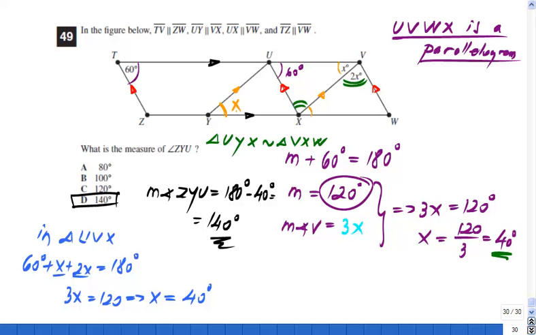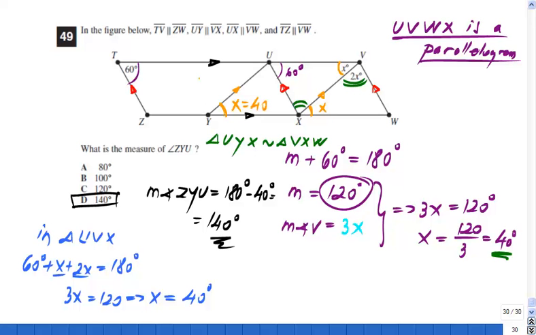I know the orange one here is x, right? Because UY parallel to VX makes this angle congruent to that angle because they're cut by this transversal ZW. But here we know that TV and ZW are parallel. You have the transversal XV makes this angle congruent to x.